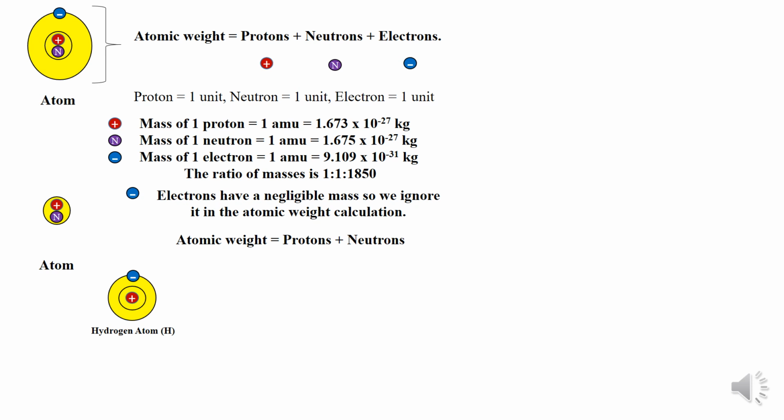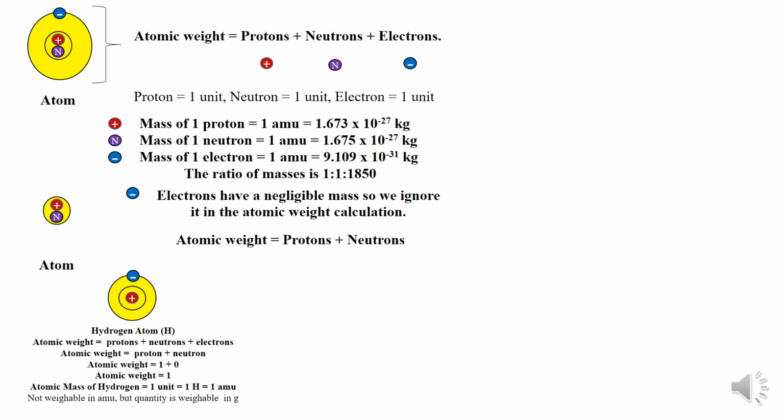Now in case of hydrogen atom, it contains one proton in its nucleus, and therefore its atomic weight will be 1, because there are no neutrons in the nucleus. So we consider in terms of atomic mass unit. So proton is 1 unit. But if you consider the mass in terms of the atomic mass unit, it is not a weighable quantity.